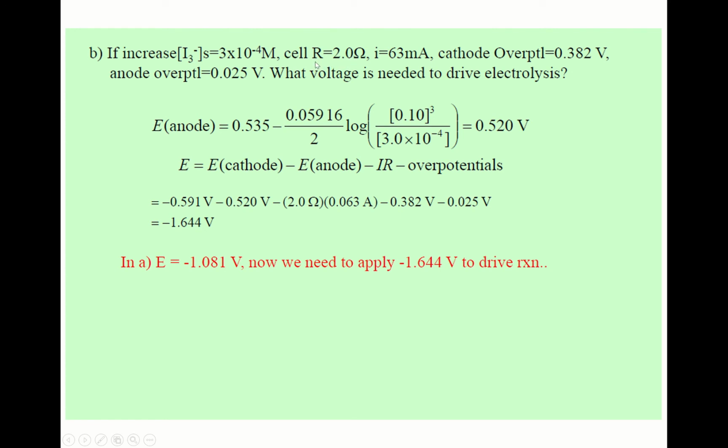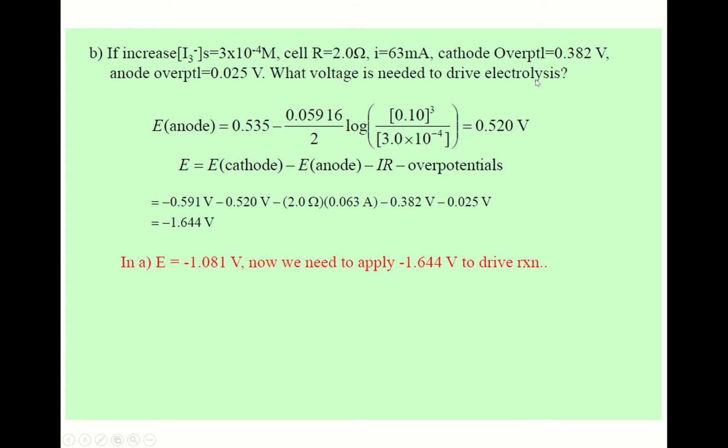Actually this is very small, and the current is 63 milliampere, and the cathode overpotential, we simply assume, we take this value 0.382 volts, and the anode overpotential is 0.025 volts. Okay, what voltage is needed to drive electrolysis?